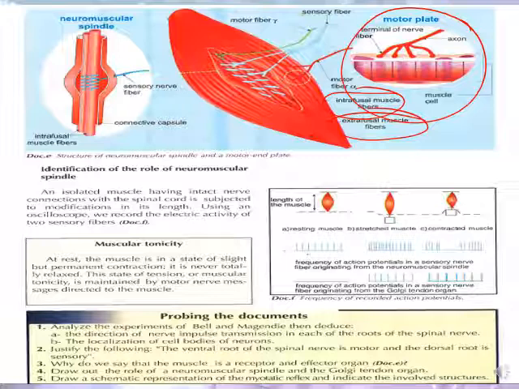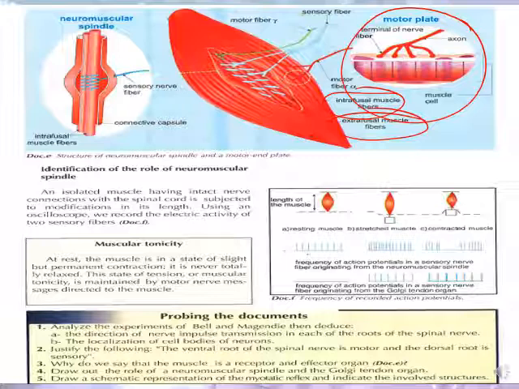So the dorsal root has a sensory function. Sectioning of the ventral root leads to the total loss of the motor activity and we have maintained sensitivity, while sectioning the dorsal root leads to the loss of sensibility and to the maintenance of the motor activity. This means that the dorsal root has a sensory function.